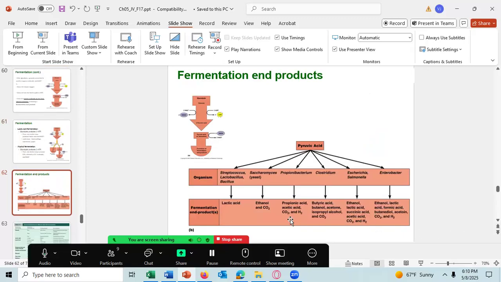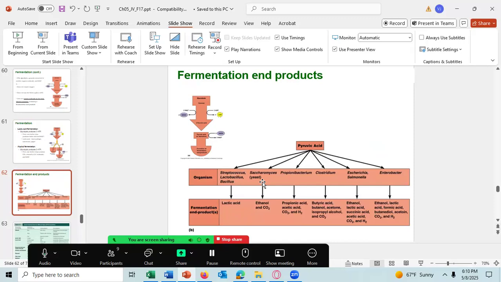All right, this is showing you the different fermentation reactions. We've talked about lactic acid fermentation and alcoholic fermentation. Lactic acid fermentation can happen by Streptococcus and Lactobacillus, some bacteria used in yogurts to make yogurt, but a lot of different organisms can perform lactic acid fermentation, including your muscle cells.